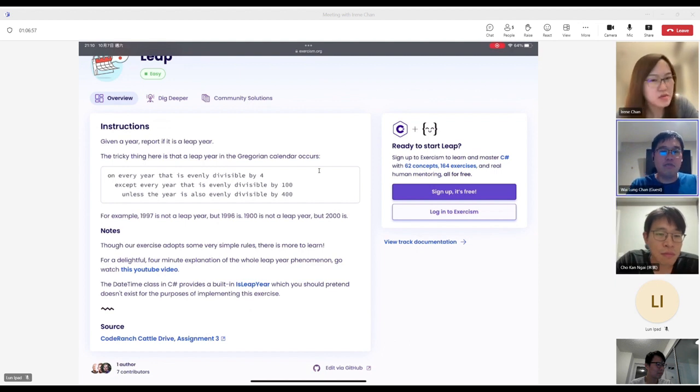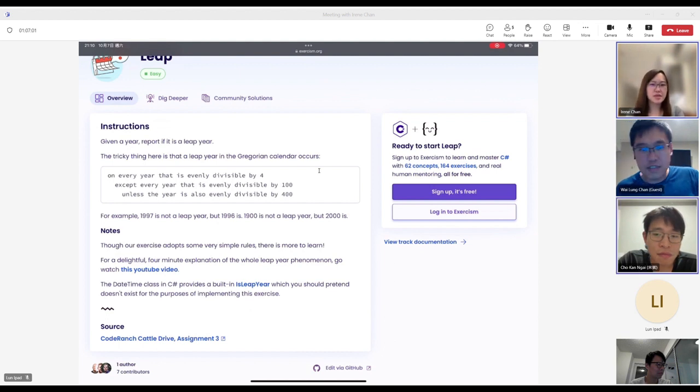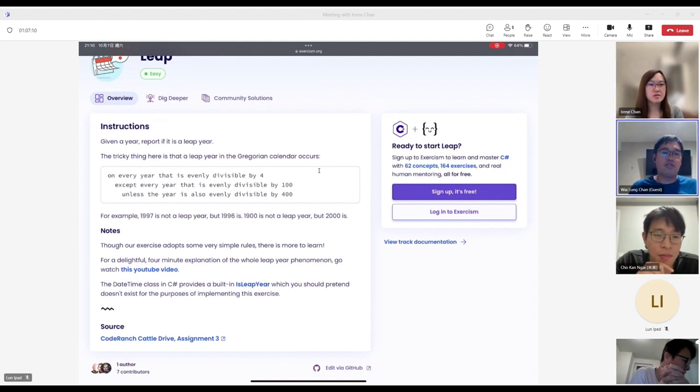Anyone want to try this one? It can be divided by 4 and can be divided by 100. If it is divided by 4, it's the first condition we hit. And then the next one is except divided by 100, unless it is divided by 400.